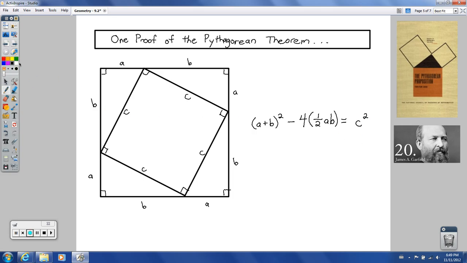So I want you to take out a different color at this point. Let's do this in a different color. Label these. This right here was the area of the big square.